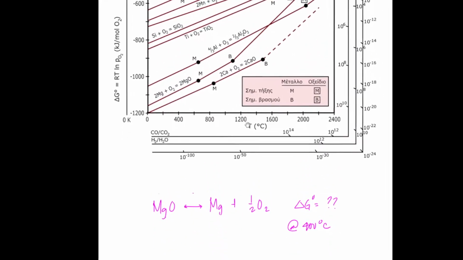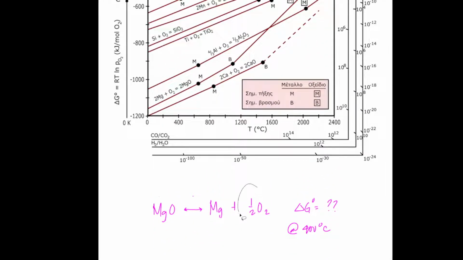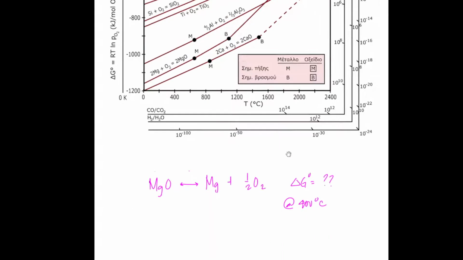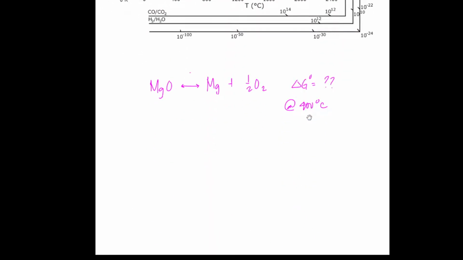Second, this has 1 half O2, and again, the second characteristic I mentioned earlier is that the oxidation reactions are on a per mole O2 basis. So, to find delta G of reaction, we need to go back to this. If we rearrange this, there.